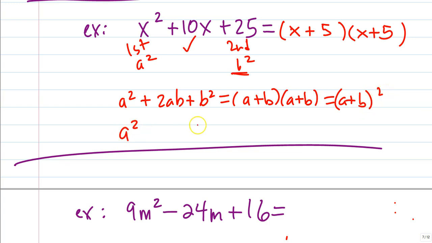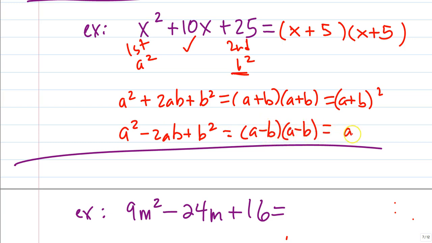And if I have something that's a squared at the beginning and b squared at the end, but it's minus, this will become a minus b times a minus b, or a minus b squared. This is probably the one that I don't want you to memorize, okay? It really is a nice little trick, but you really just look for the patterns and still try to do this logically, because people that try to make this into a great magic trick end up applying this to everything and losing a lot of points. So let me show you what I mean.